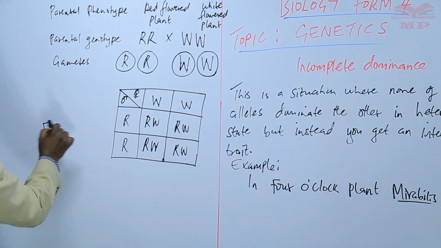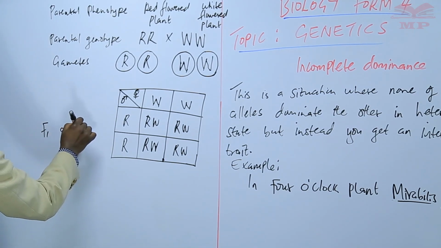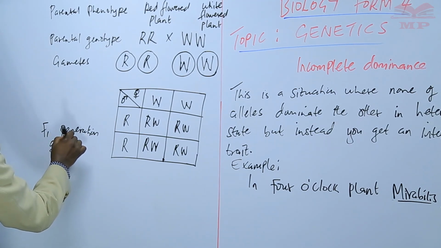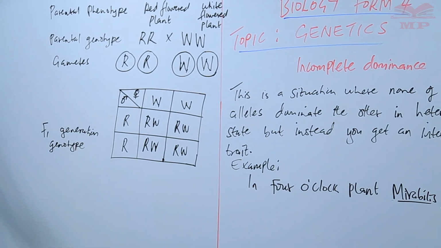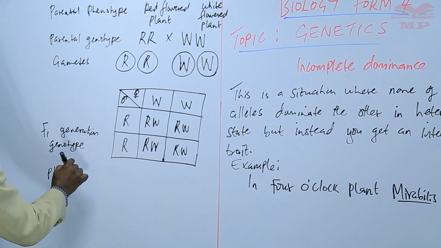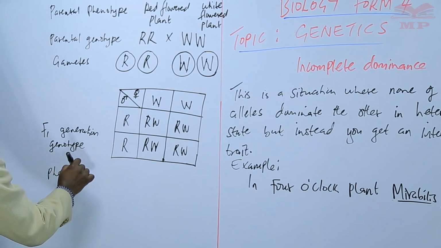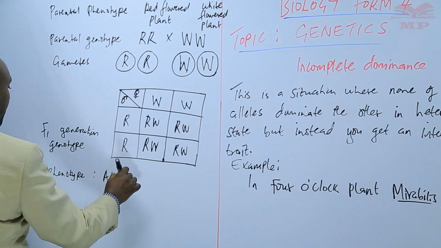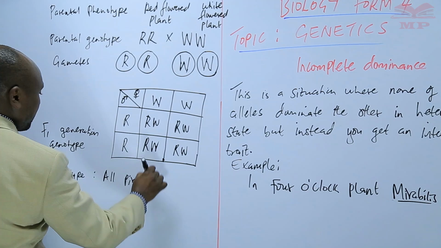This is the F1 generation genotype, and the phenotype is all pink flowered.